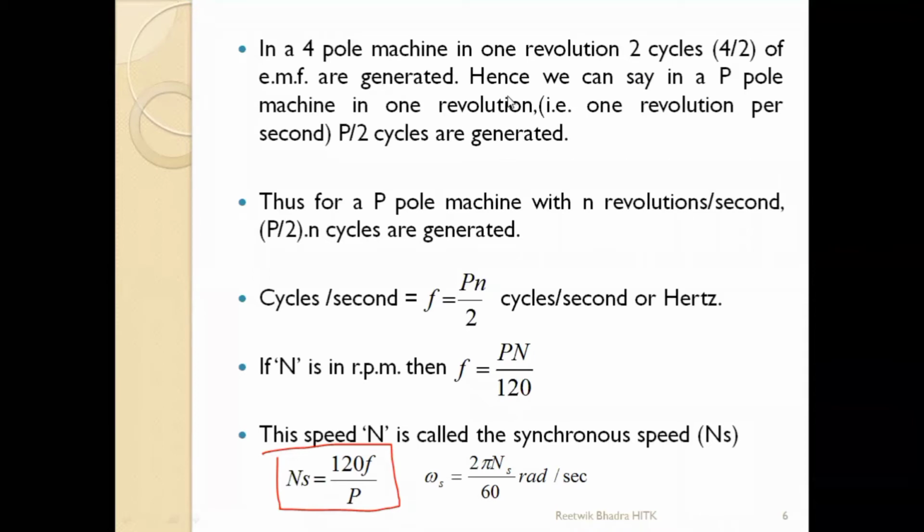Thus in short, we can say that in a P pole machine, in one revolution, revolution per second, not minute, P by 2 cycles are generated. Hope everybody has understood. P pole machine, one complete revolution of the rotor, how many cycles of your EMF waveform is generated? P by 2, that is 2 cycles.